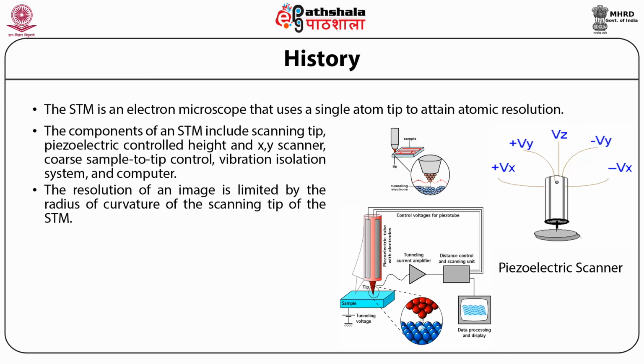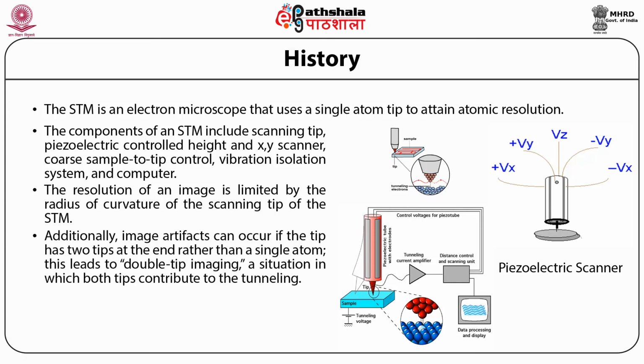The resolution of an image is limited by the radius of curvature of the scanning tip of STM. Additionally, image artifacts can occur if the tip has two tips at the end rather than a single atom.